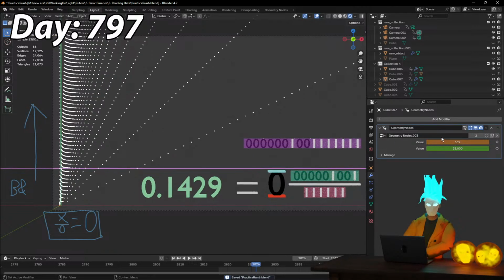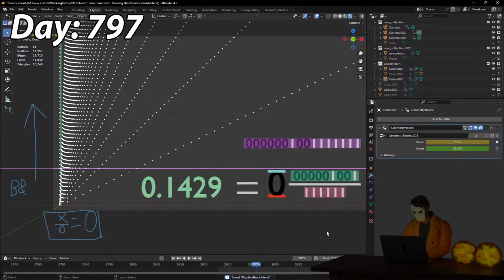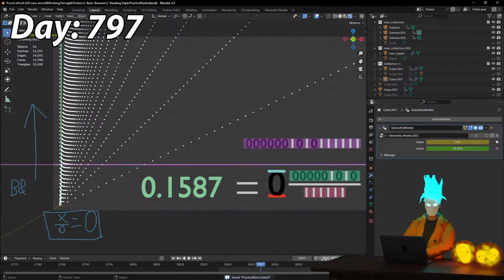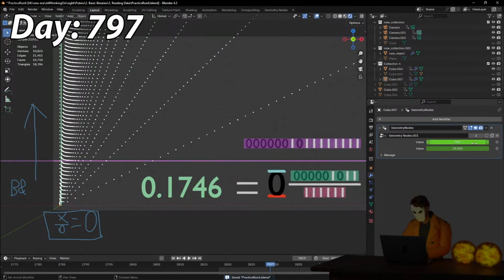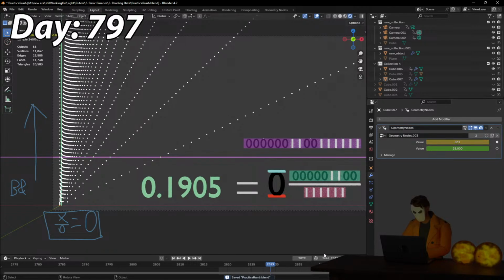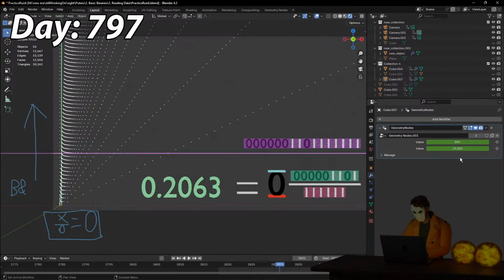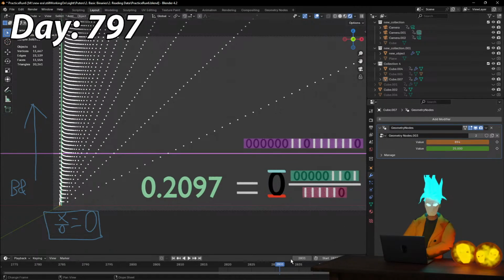Okay, right here we might need a bit more than 20. 20 might not be enough. I could just amend the geometry nodes for this.